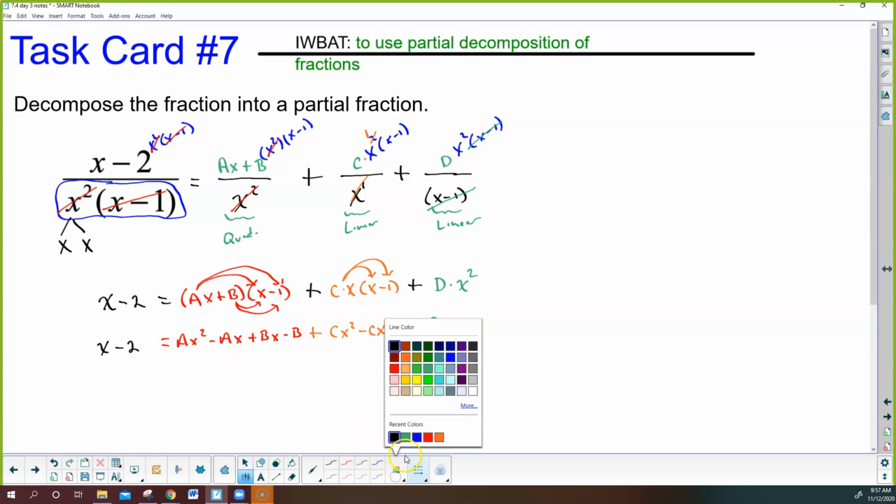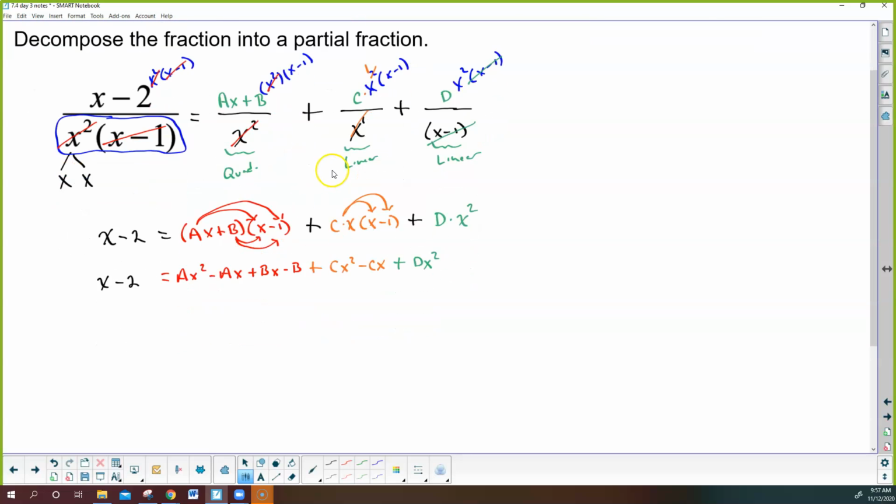All right. Now there's one little tricky piece here, as if this wasn't tricky enough. Once you expand everything out, notice how I have x squareds here. That's my highest degree, but the original numerator didn't have an x squared. Well, what I want to do is I want to put another place value in there. So I'm thinking that over here, this had a 0x squared, and that just makes everything make sense.